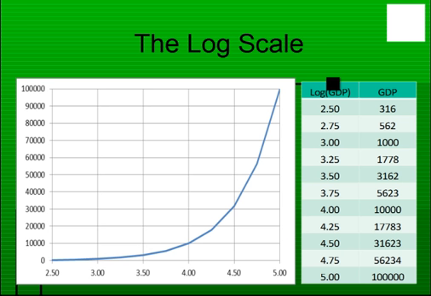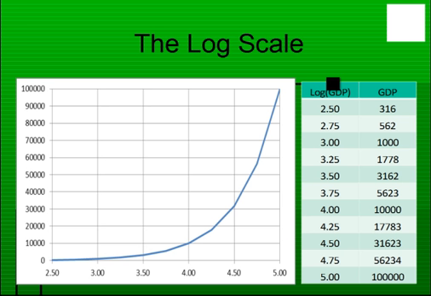So here I have plotted the log scale. If the GDP is 316, then the log in base 10 is 2.5. A quarter point difference takes it to 562, but then another quarter point of difference takes 562 to 1000. So the step size in the log scale is a quarter, but on the GDP scale this same quarter keeps increasing.